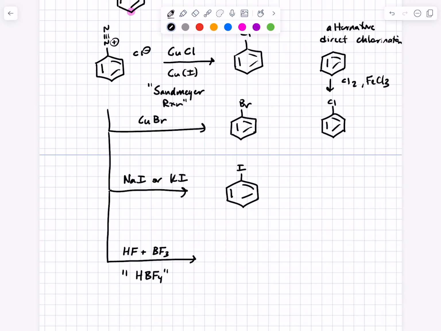And basically what's happening here is fluoride is acting as the nucleophile in one of these similar reactions. You don't need to worry about the mechanism here or even worry about drawing the Lewis structure of HBF4. The idea here is that fluoride is going to act as the nucleophile. You could ask, why don't we use sodium fluoride or potassium fluoride? I don't know. It must not work, because HF is quite poisonous and toxic, so you wouldn't use it if you didn't have to.